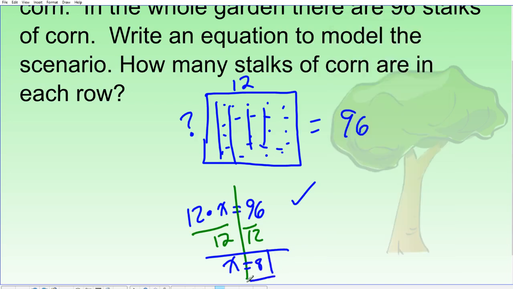So this guy has 8 stalks of corn in each row. So if there's 12 rows, 8 in each row, that gives him a total of 96.